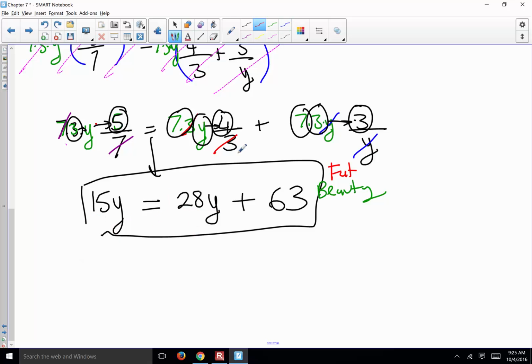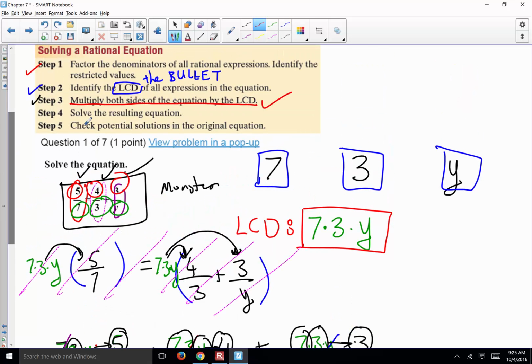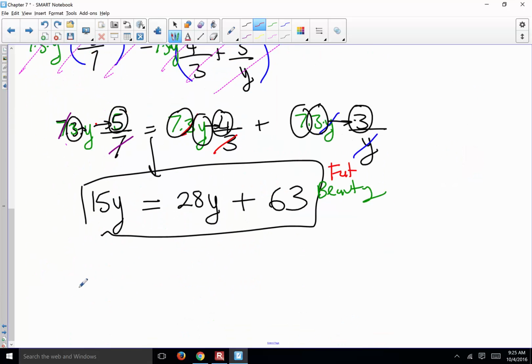Alright, what is next after this? Step 4 says solve. Solve means isolate the variable. Y should be collected together and left single. So I have two spots with y's, so they need to come to the same side.